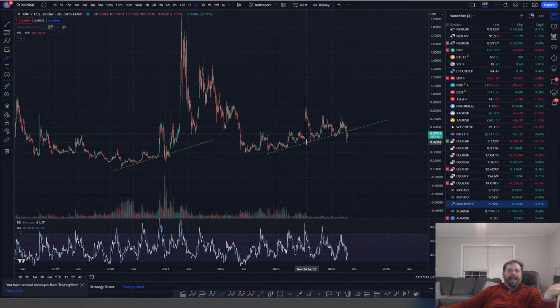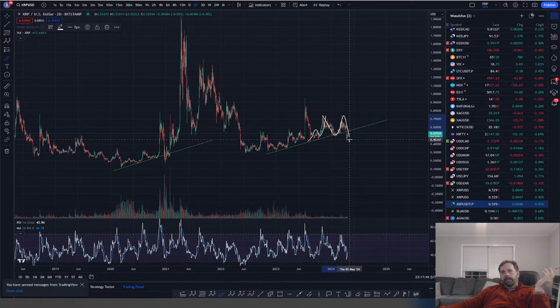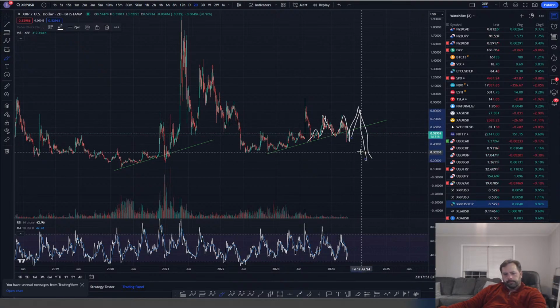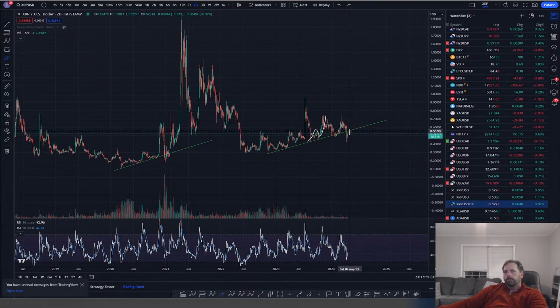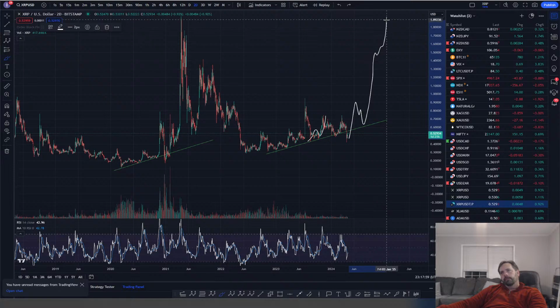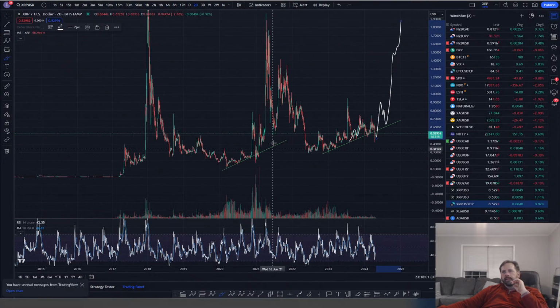Is this part of a flat where you got 3 up, 3 down, and now maybe we get 5 up and then we get another hit to the low? So do we get another pump and a dump? Maybe. Or is this going to start going like this wave did?